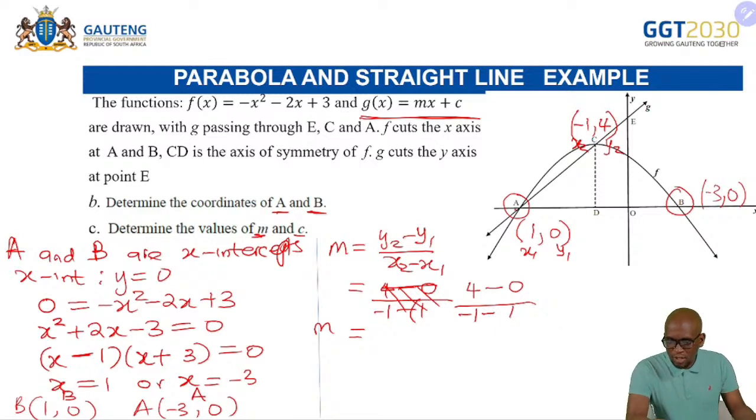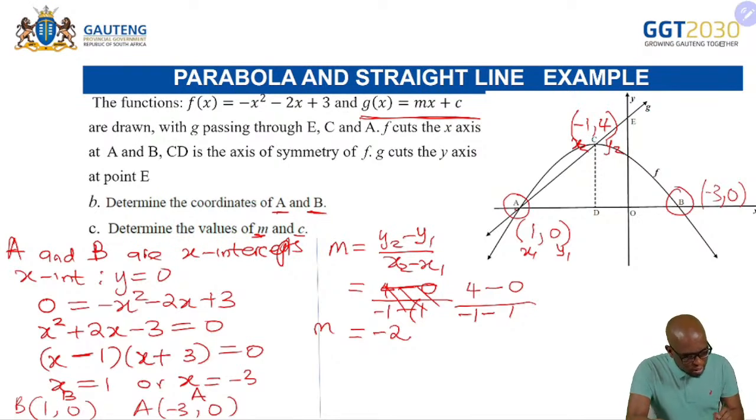That's what I'll basically have here, y2 minus y1 over x2 minus x1. So we get that this is negative 2. Right. No, I'm making a mistake here.